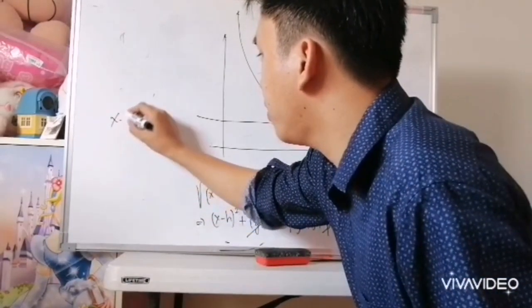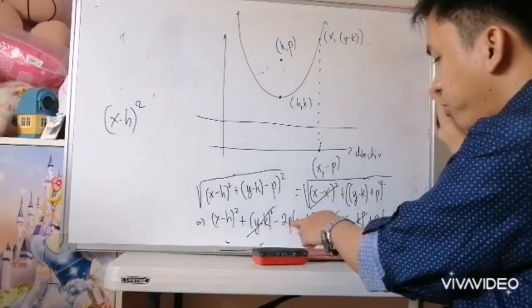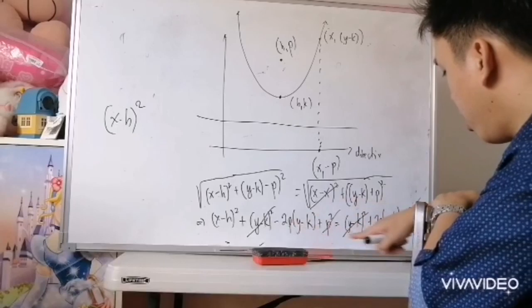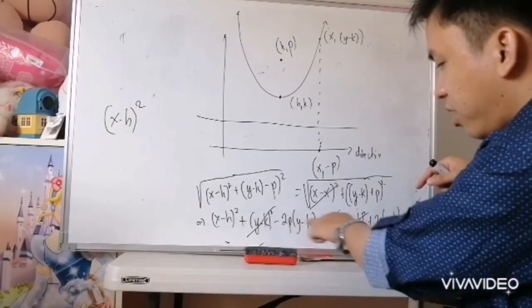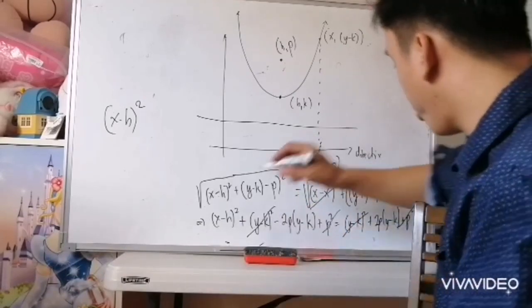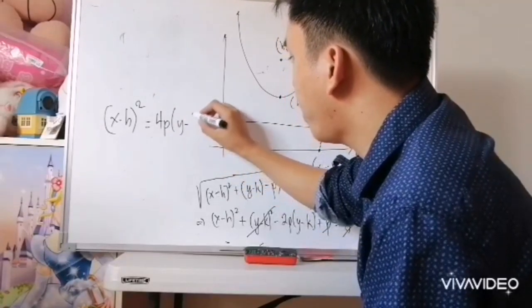So x minus h squared. If I move this term to the other side, this becomes positive, and they have the same term here. This one is positive, this is negative, but if you move this, you'll get positive, so you'll get 4p in total. So 4p times y minus k.